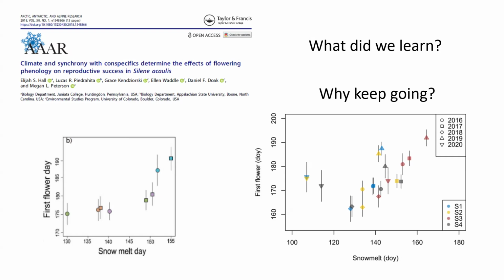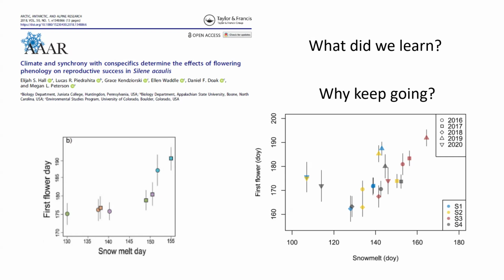And so I started thinking about how maybe just using snowmelt was a little bit too simplistic for deciding how these plants are deciding when to flower, and that maybe what really matters is not only that the snow has melted away, but that the temperatures are warm enough. And that combination of snow being gone and warm temperatures in the spring is really what's triggering the timing of flowering.